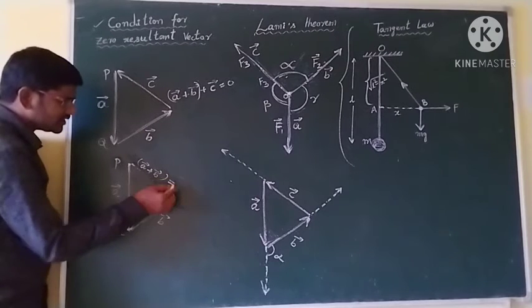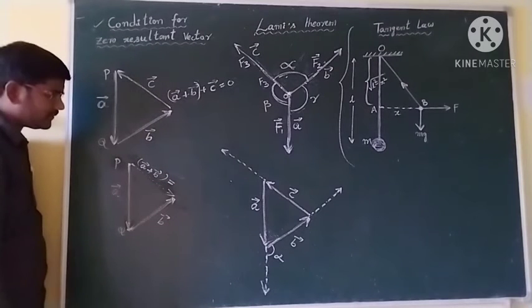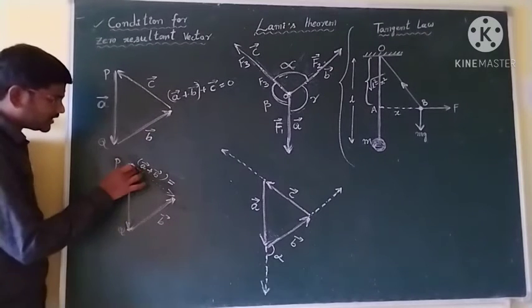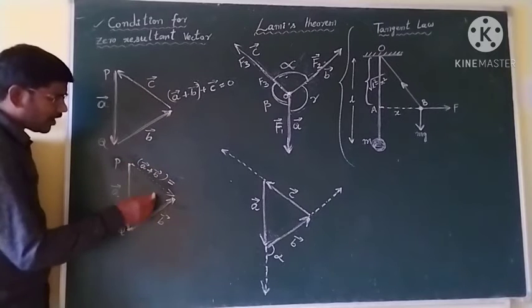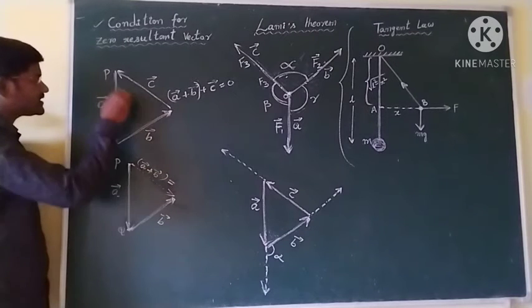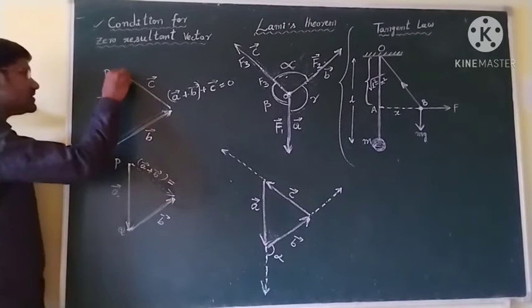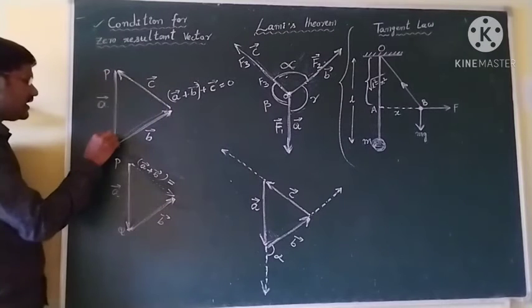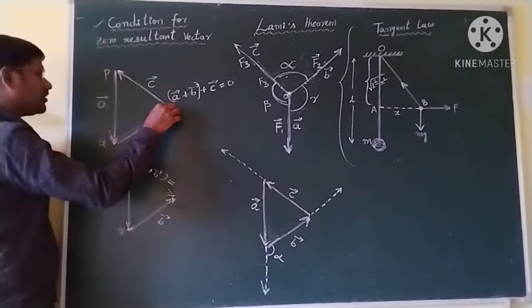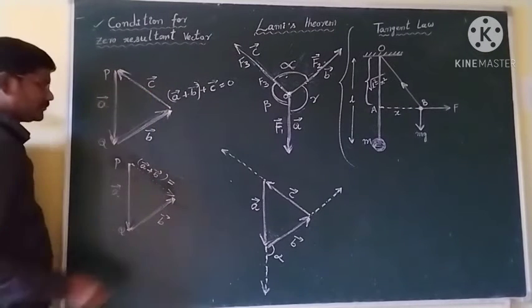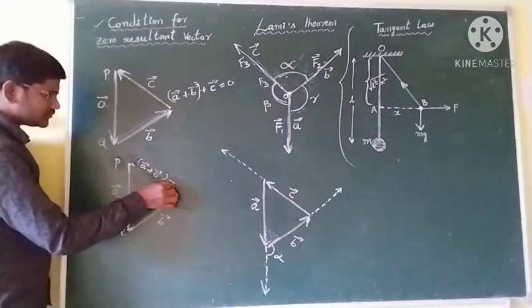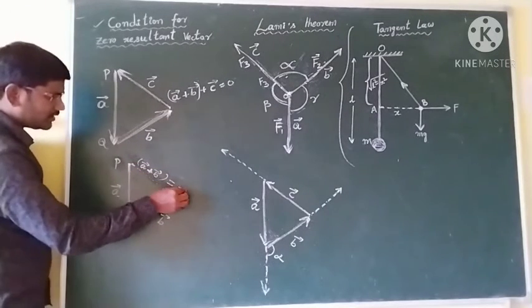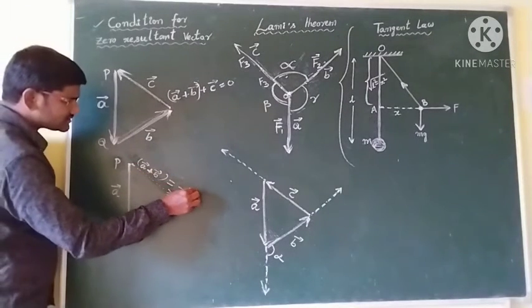So the addition of the vectors a bar plus b bar is equal in magnitude and opposite in direction to the third closing side. This is a, b, c. See the three sides in order: a bar vector, b bar vector, c bar vector. So this is a bar plus b bar, and this is called minus c bar.